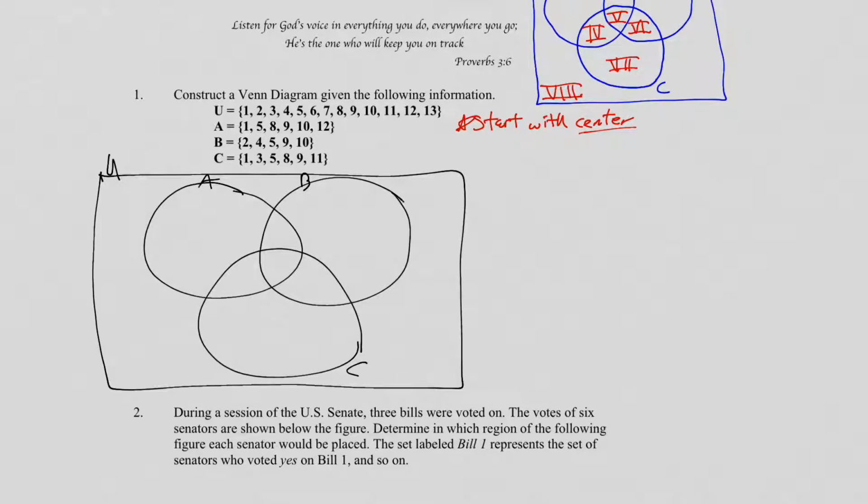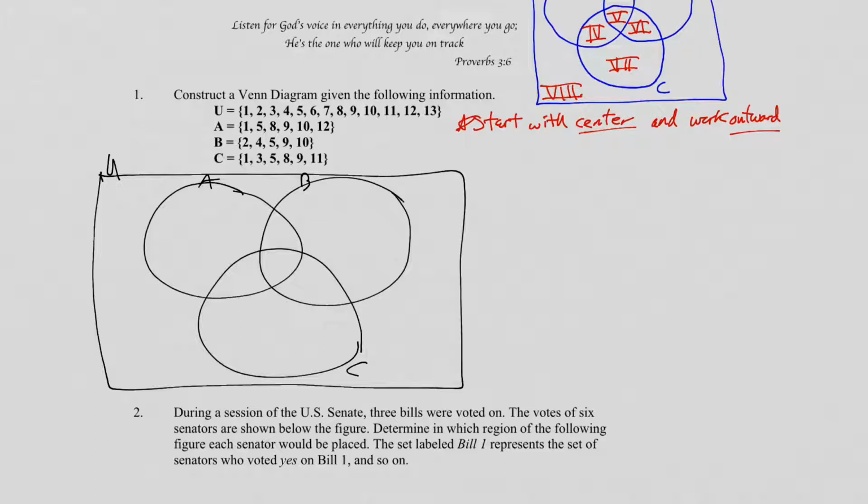Start with the center, just like we did with 2 sets. It's the intersection of all sets, all three sets. Okay, work outward from there.